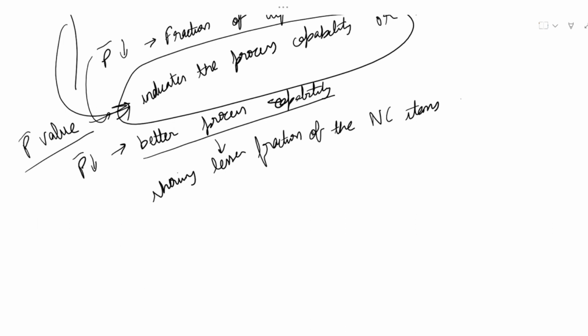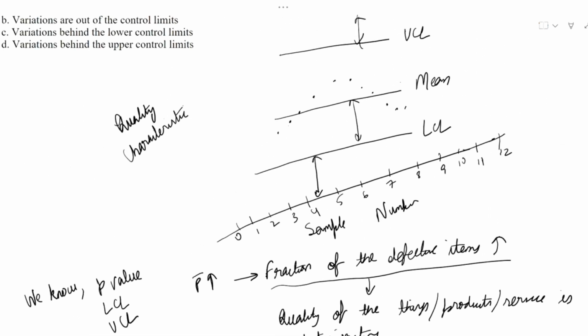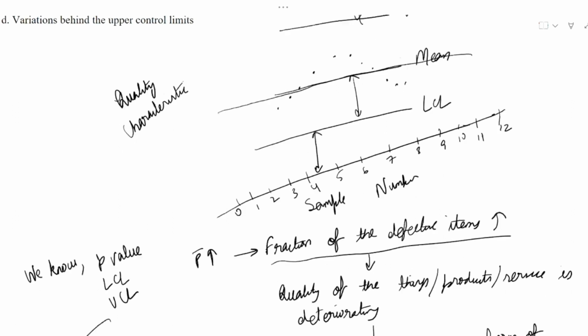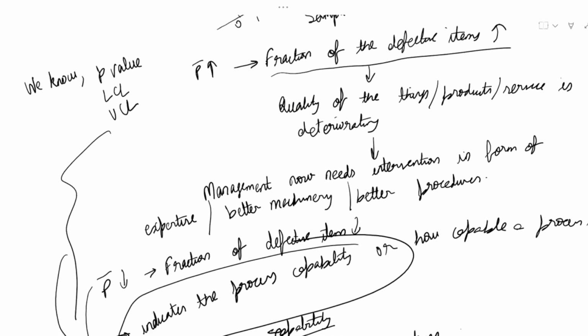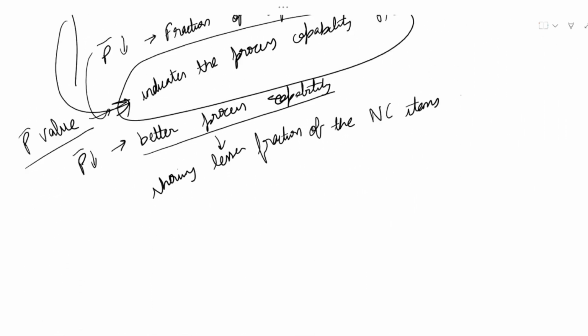Now the center line value indicates the kind of fraction, which will be the average fraction of the non-conforming items, and the process capability. And if the p bar value is high, this means intervention of the management.